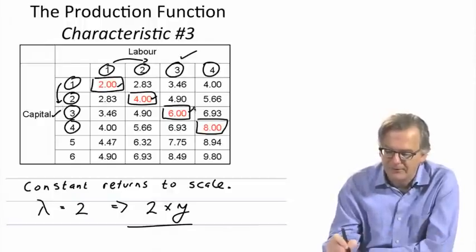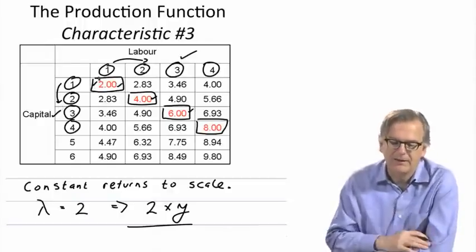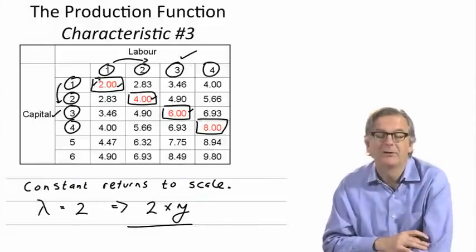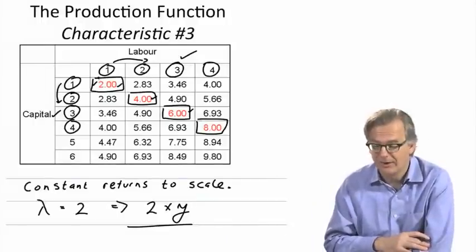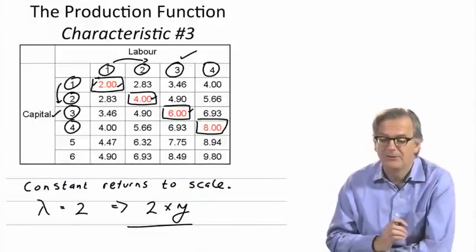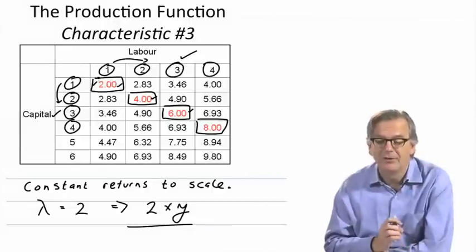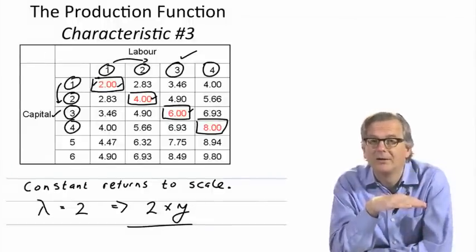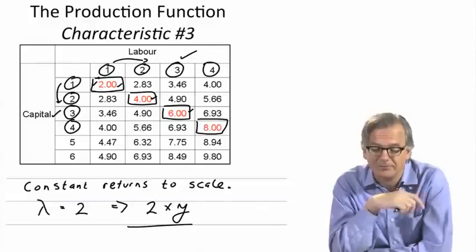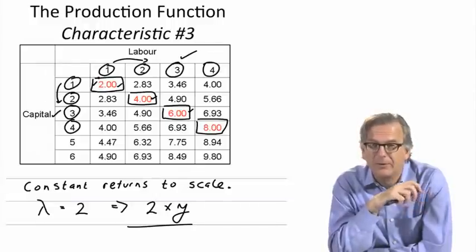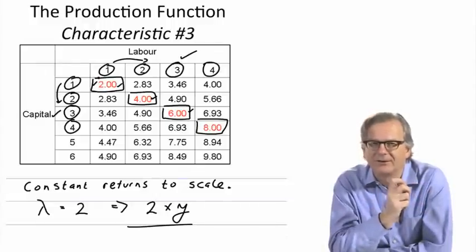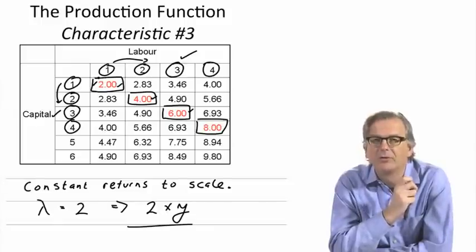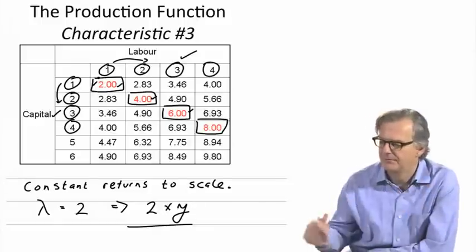I'm now getting 3 times the production that I had when I had just 1 unit of labour and 1 unit of capital. So constant returns to scale is an important characteristic of production in the real world. It doesn't hold always, but it holds often.